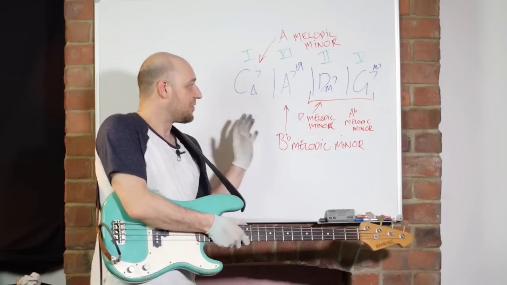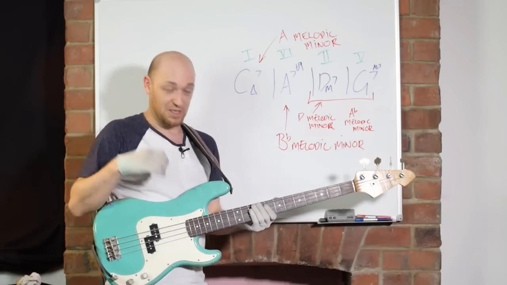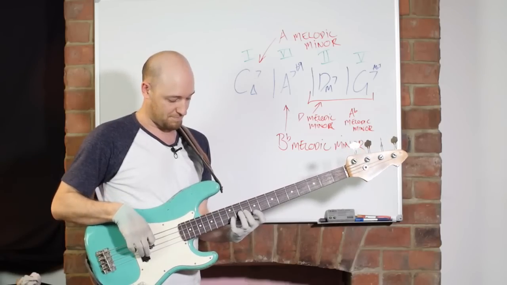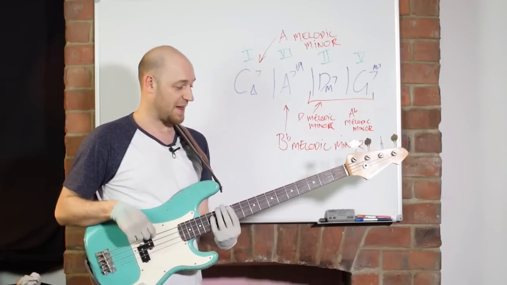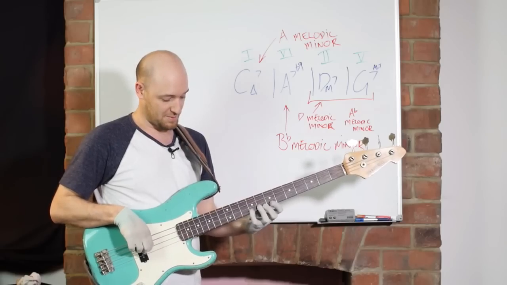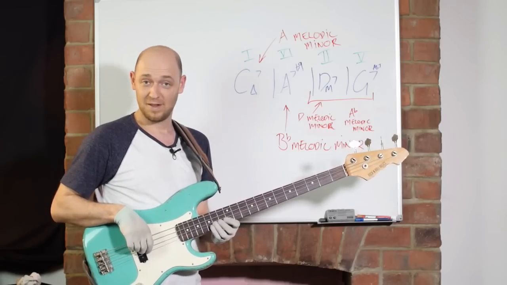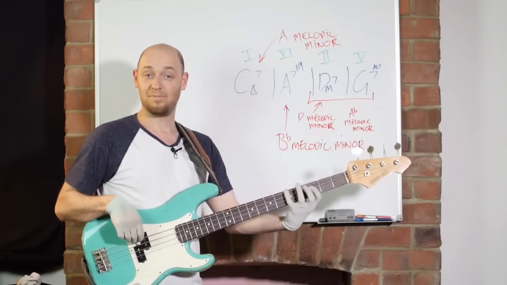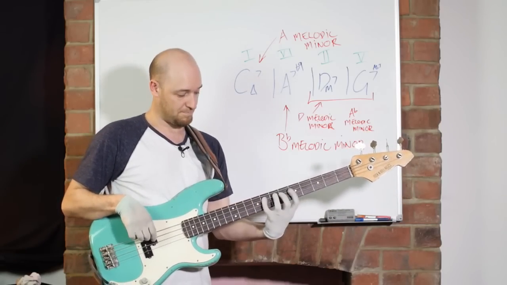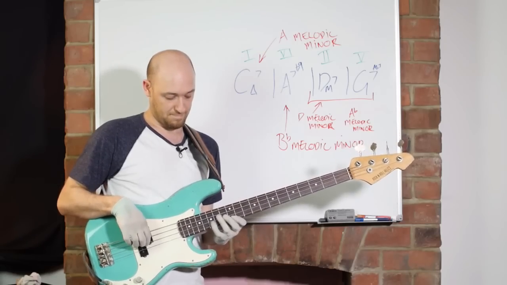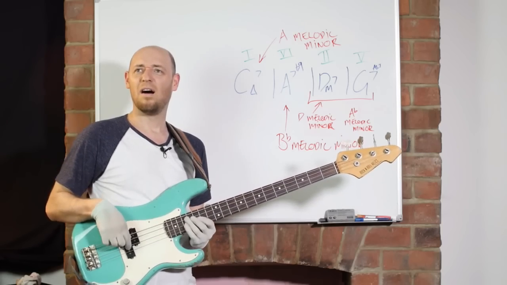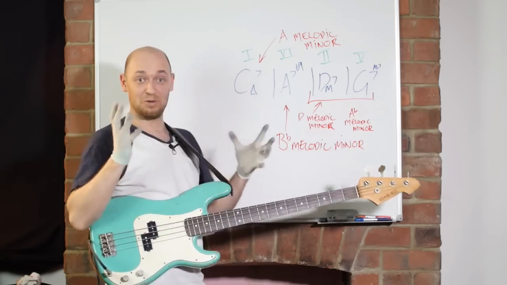So first of all, we made sure that we knew the arpeggios, right? First of all, C major arpeggio, A7, to the D minor, to the G7, okay, we knew the arpeggios, right?